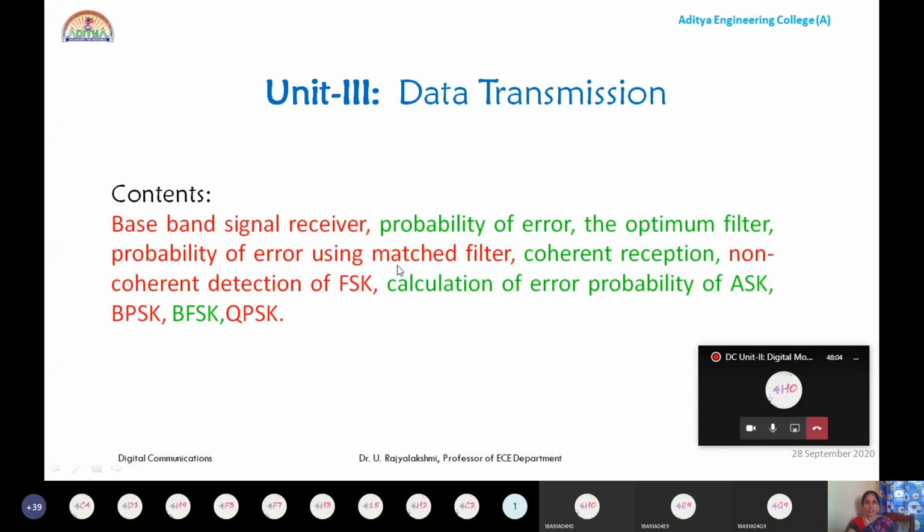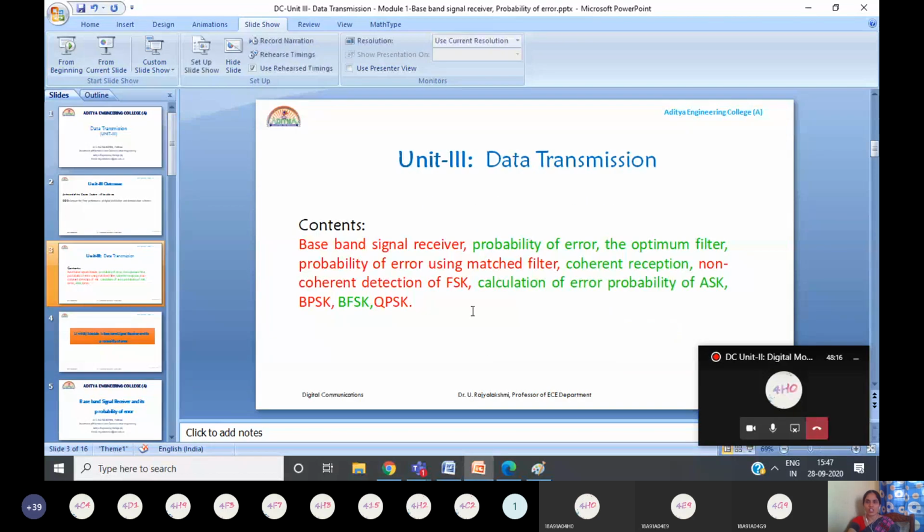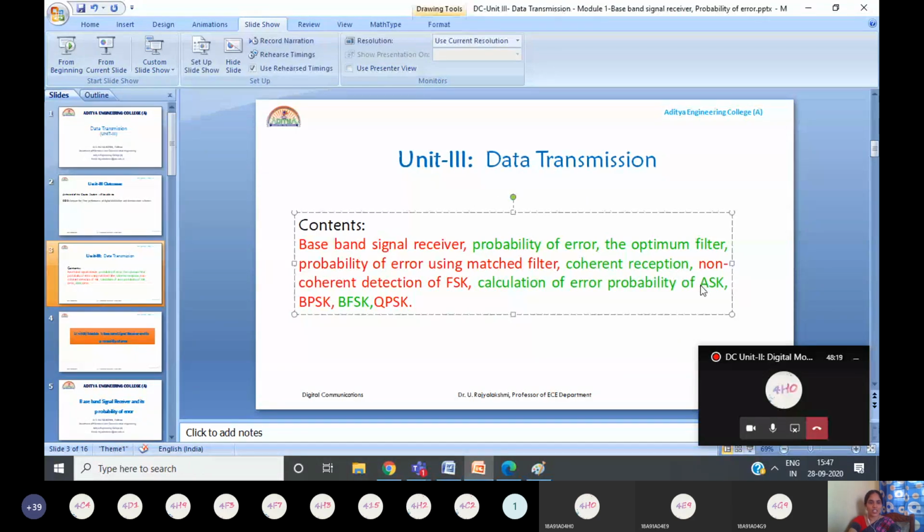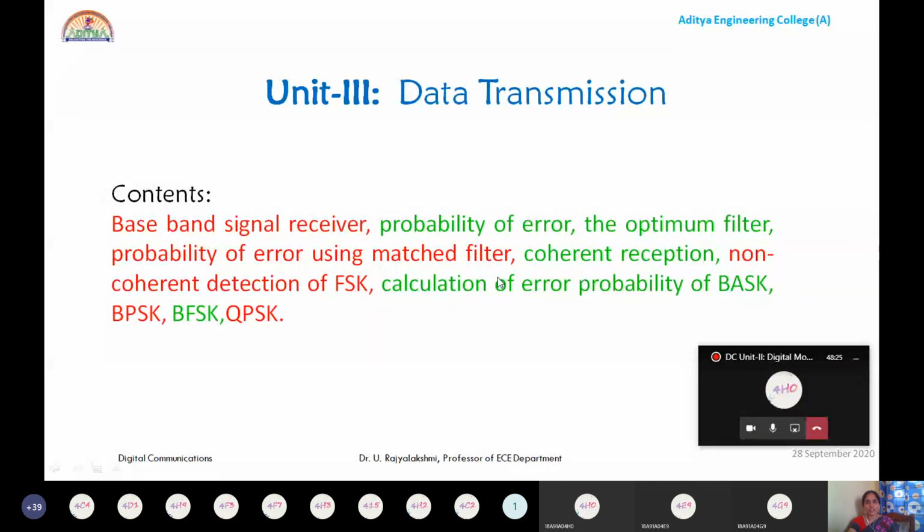Third is probability of error using matched filter. Then 4, 5, 6, 7: probability of error for ASK, BPSK, BFSK, and QPSK, which we can complete in 1 class. Here you can directly mention it as BASK. These 4 derivations we can directly solve by using the expression obtained from the optimum filter response.